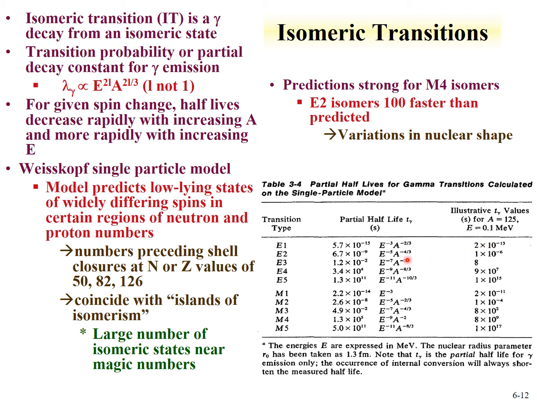This is in seconds, and we see for these allowed transitions, we have very short-lived states: E1 is 10 to the minus 13, and M1 is 10 to the minus 11. Whereas for high transitions, an M4, for instance, would be almost 10 to the 10th seconds, and E4 would again be on the order of 10 to the 8th seconds. So these would be very observable metastable states for these isomeric transitions.